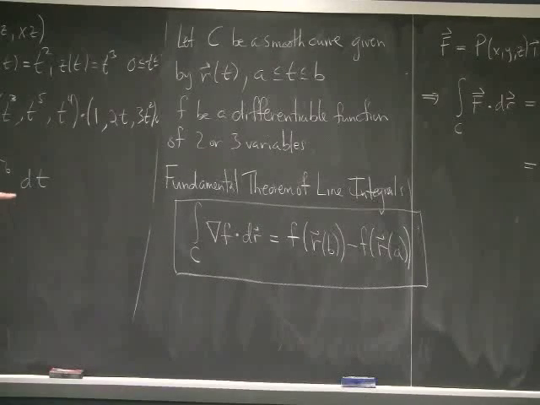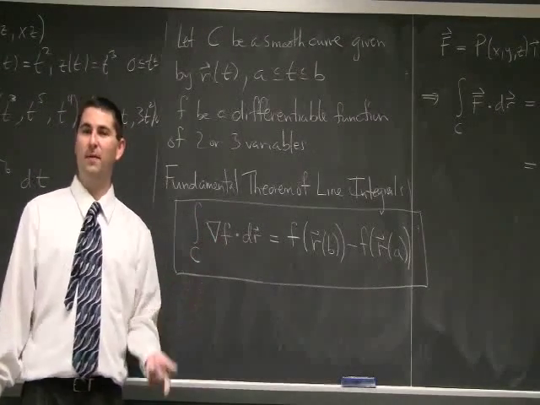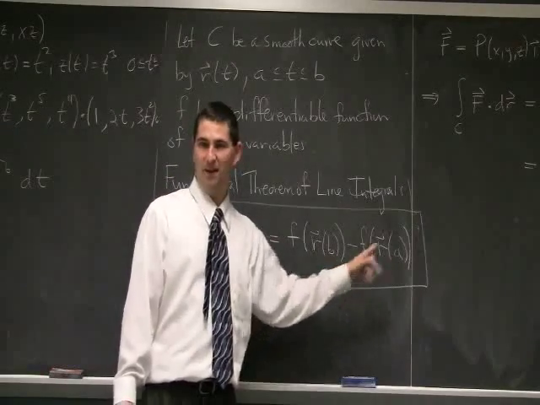Okay, that formula should look familiar. It should look like another fundamental theorem, the fundamental theorem of calculus. It just says if you integrate from a to b a function f, you take its antiderivative and evaluate at the endpoints, and then subtract those.